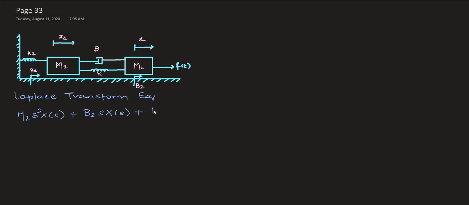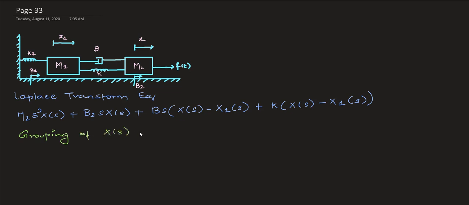So x of s divided by f of s is also your transfer function, if the point of reference you are taking is at m2. So you can have both these as your transfer function of the system. And in your exams mostly, or in any questions, they usually mention which transfer function needs to be found.